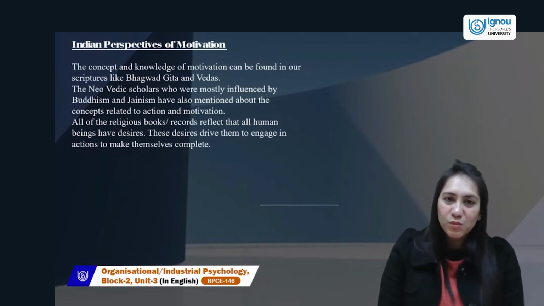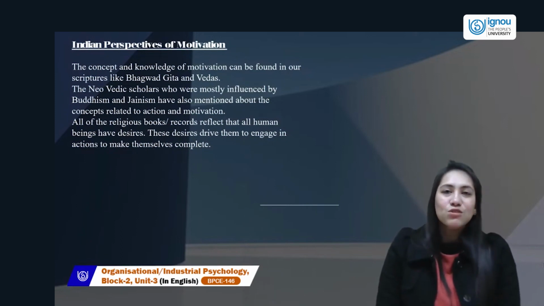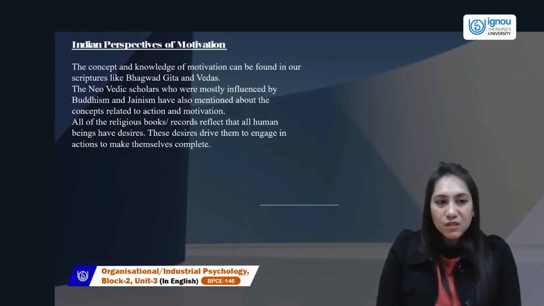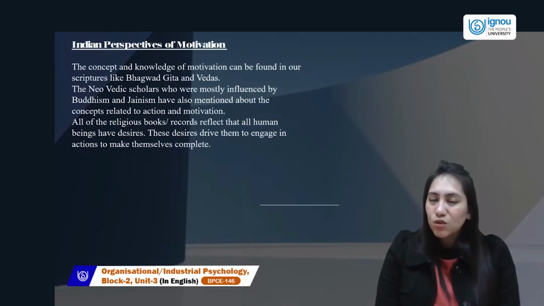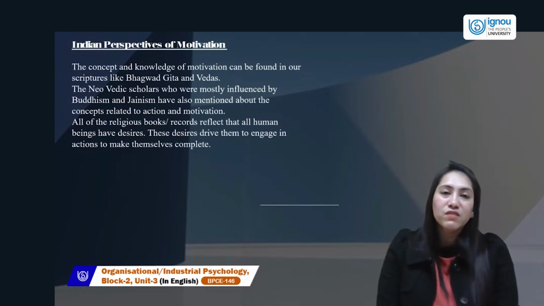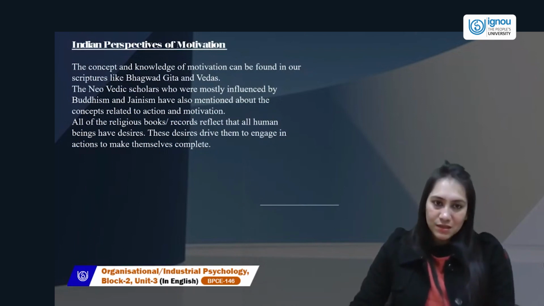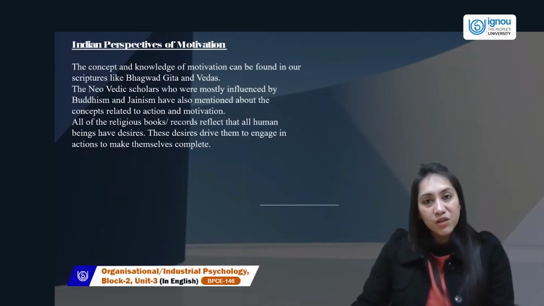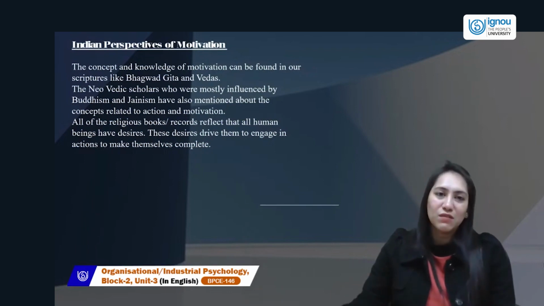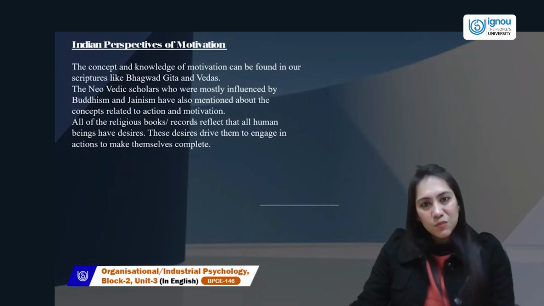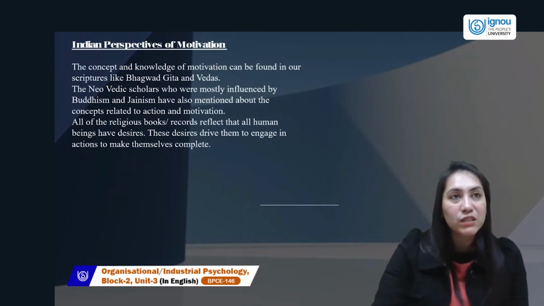Remember, you will be more motivated to perform again. So this is all coming from our Indian scriptures, the Bhagavad Gita and Vedas. They state that we all have wishes and desires that make us engage in and complete a task. And if that task is very well rewarded, very well specifically given feedback, it gets better every time. So that's the Indian perspective of motivation, and it completes unit 3.